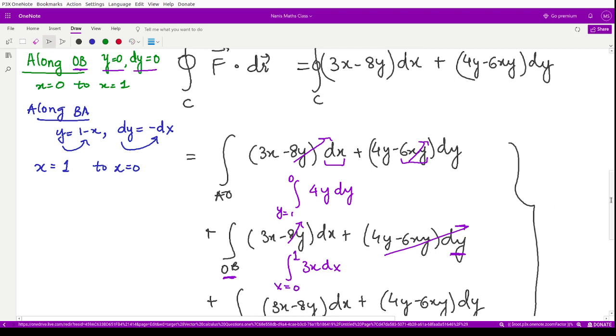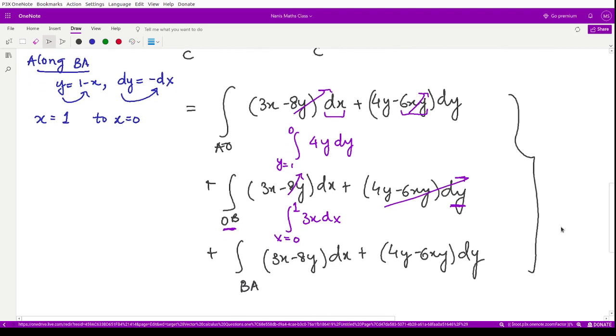And in a similar manner along BA, here nothing is 0. So you have to substitute here the values of y. So 3x would be as such. Here instead of y, we'll write 1 minus x. And dx would be as such, because we are only converting the y terms.